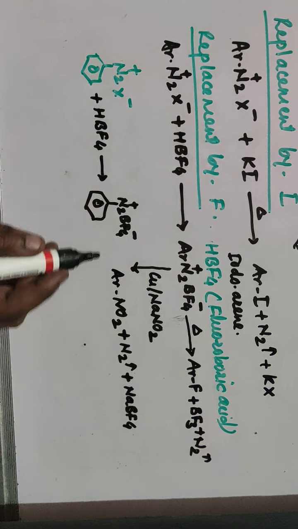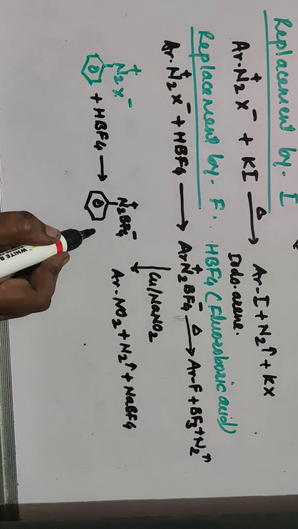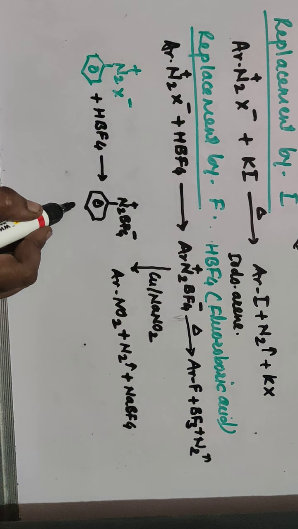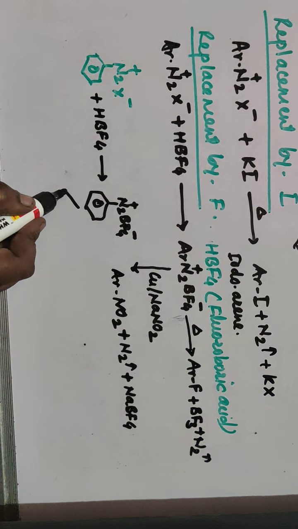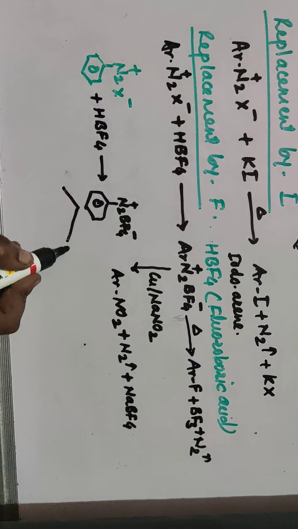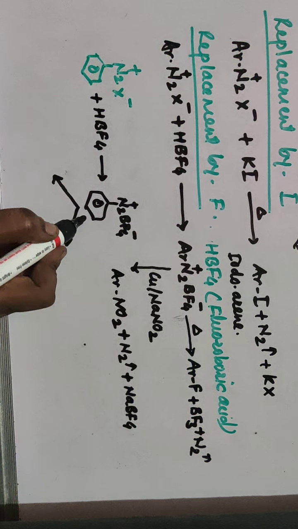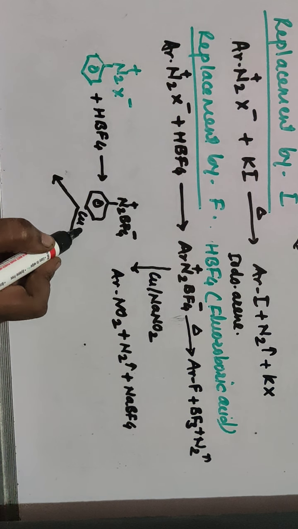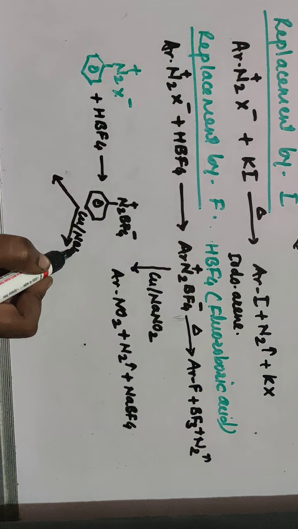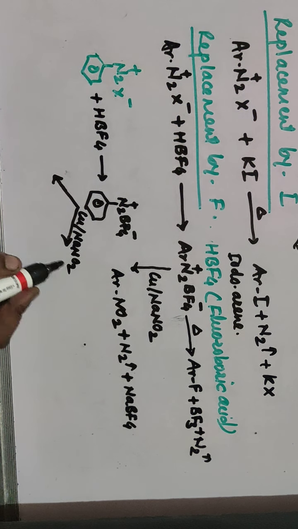And this benzene diazonium fluoroborate, on treatment with Cu and NaNO2, copper and sodium nitrite, you will get nitrobenzene.